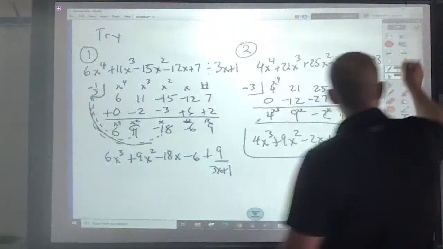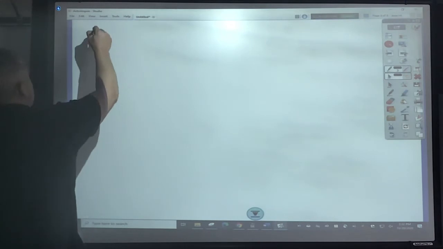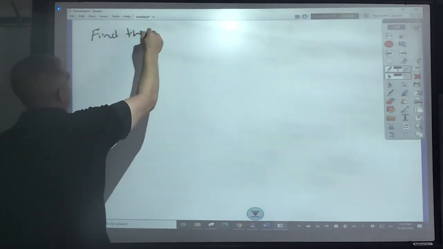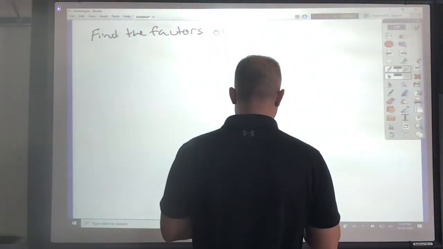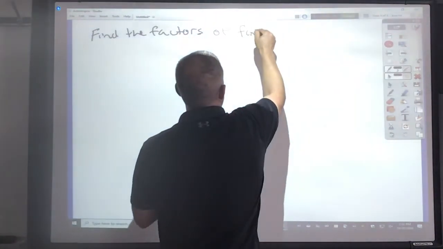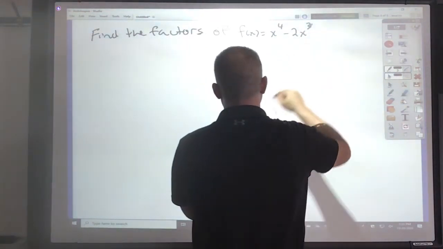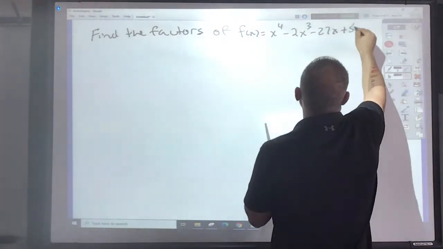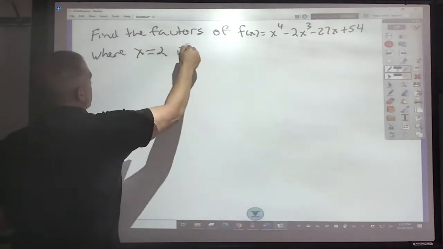Okay? Now, how do we apply this concept? All right? Let's start with this: find the factors of, let's say, the function x to the fourth minus 2x cubed minus 27x plus 54, where x equals 2 is a solution.